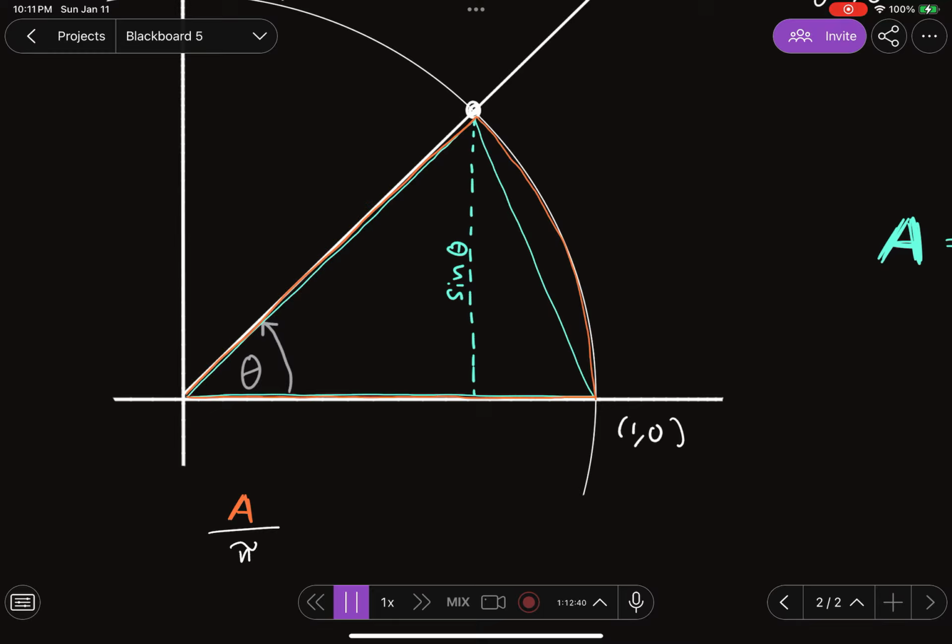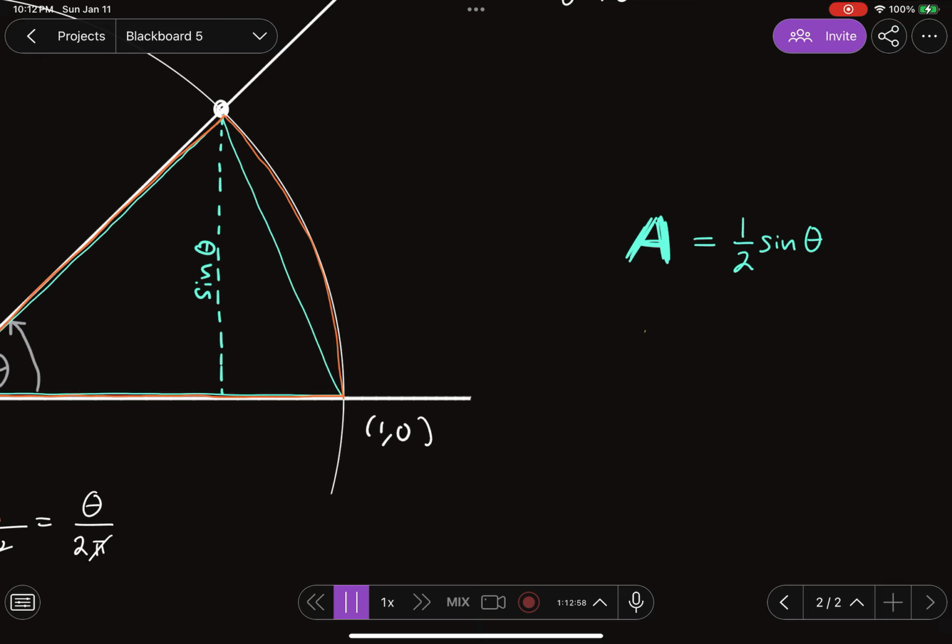So that's just theta over 2 pi. Okay? Pi's cancel, telling me that the area of that orange sector is theta halves. The area of the orange sector is theta divided by 2.